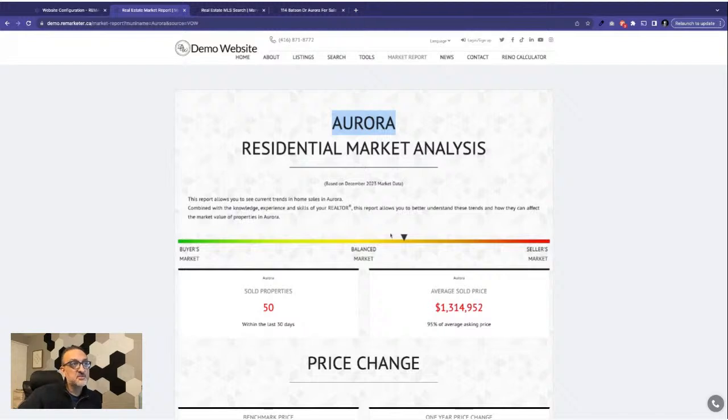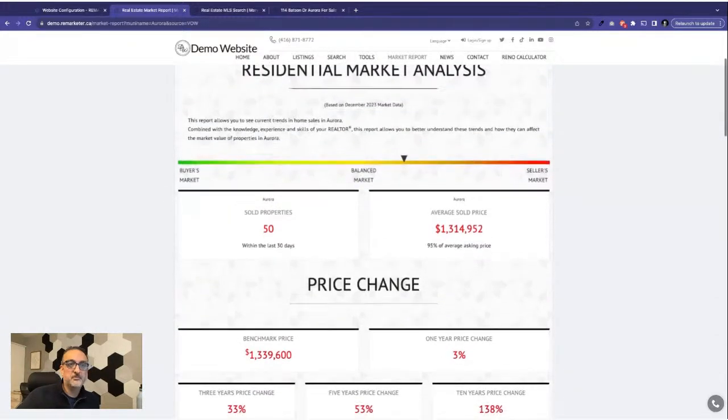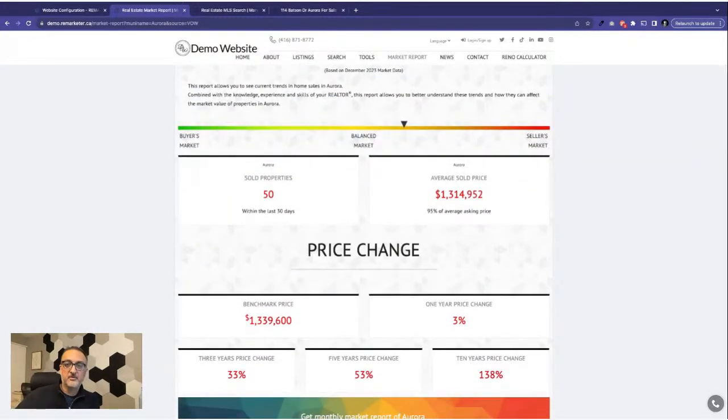And this is the situation in Aurora. You might find a very different situation if you look at Brampton, for instance, or Hamilton, or Niagara Falls, or whatever. All right. So in the past 30 days, we've had 50 properties sold, and the average sold price is $1.3 million.